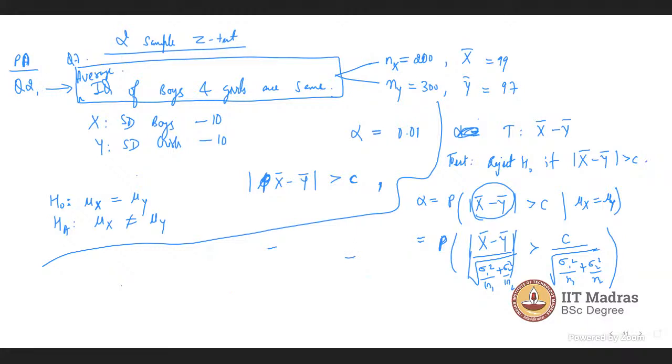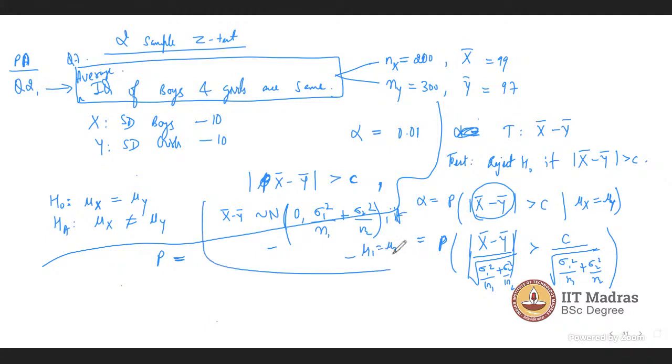Ma'am, how would this distribution be written? Like mod of X bar minus Y bar will be written like normal of mu, comma, sigma 1 square by n1 plus sigma 2 square by n2. Ma'am, mu will be 0 here. If your null is true, I mean if your mu1 equals mu2, then this is the distribution.